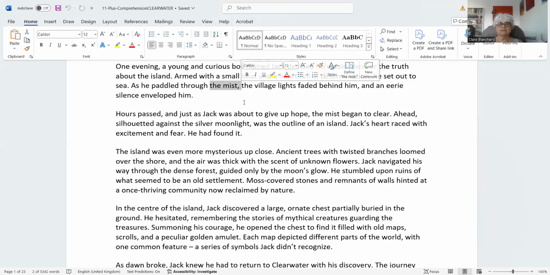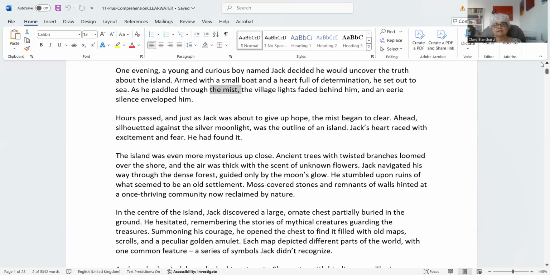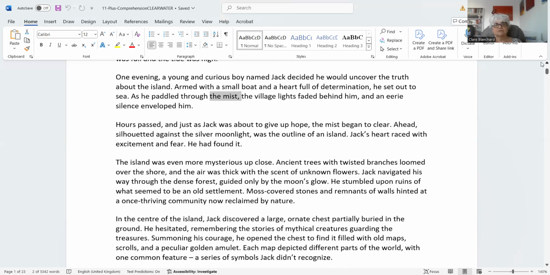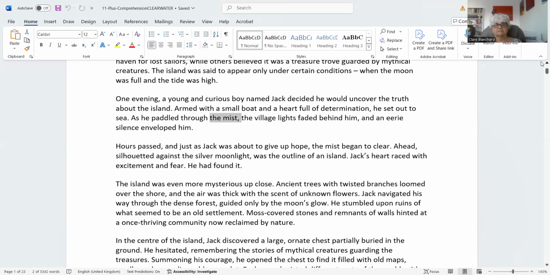One is by setting the story or the passage at night, and the other is to use mist. So here, if we look at this passage, starting with one evening, the author here has used both two typical techniques that are used by authors to create a sense of mystery.